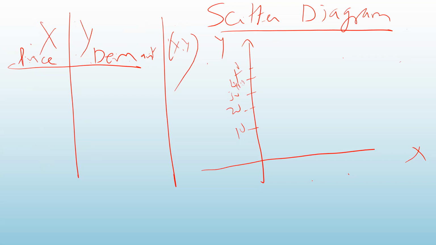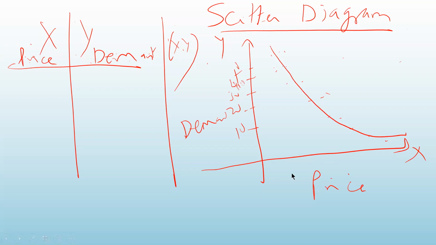So we will take the price on the x-axis and the demand on the y-axis. You will notice that if you plot these points, you will see the pattern of the points like this. They are moving from the left upper corner to the right lower corner. So see the downward pattern of the points. And you also know that the demand curve is like that. When the price is increasing, the demand is decreasing. So this shows a negative correlation between the two variables, price and demand.